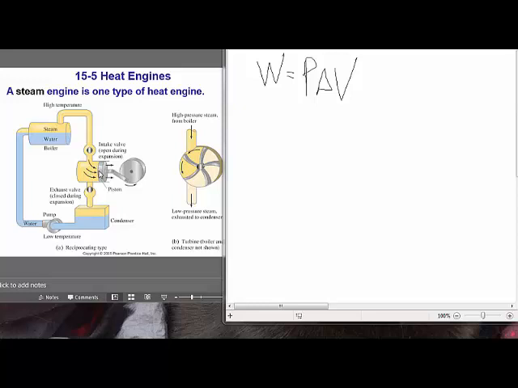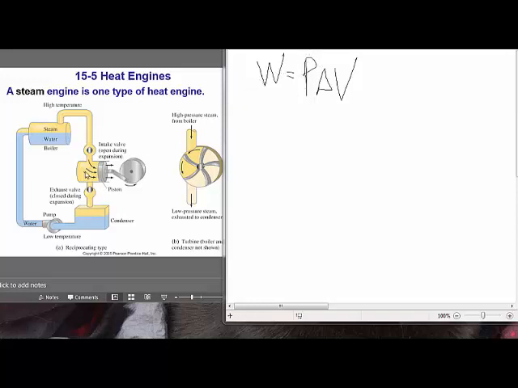So the key to having an engine work is to have it do more work when it goes this way than when it goes back that way. And since the piston is going the same distance right and left, delta V is the same whether it's expanding or contracting. So what has to be different is the pressure.